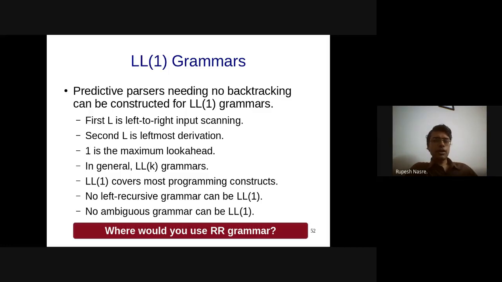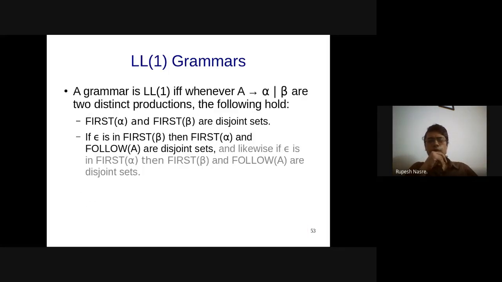You can use RR parsing for parsing sentences written in languages which go from right to left, for example Arabic. The scanning of the input happens from right to left, and the rightmost derivation needs to be brought out first. So in such parsing methods, we will use RR grammars. Okay, so that was good to wake you up.